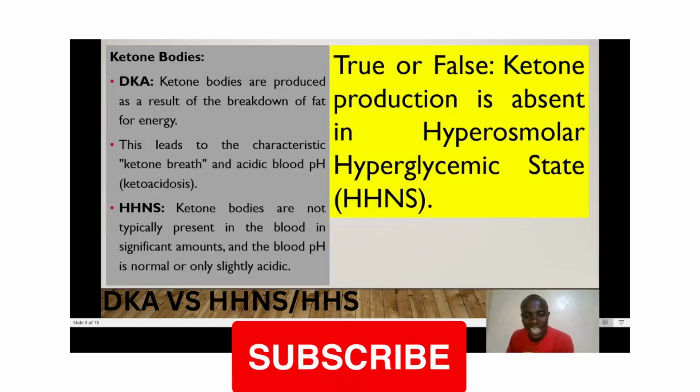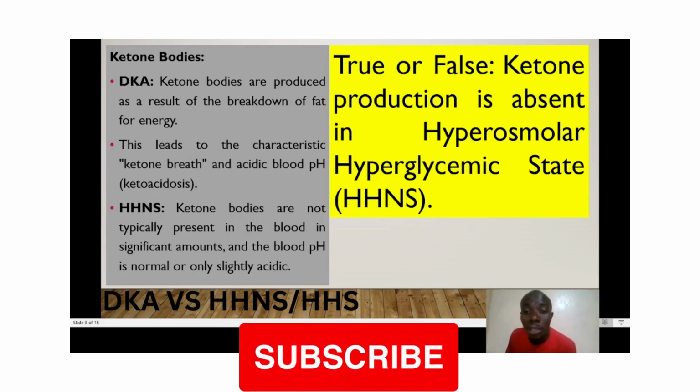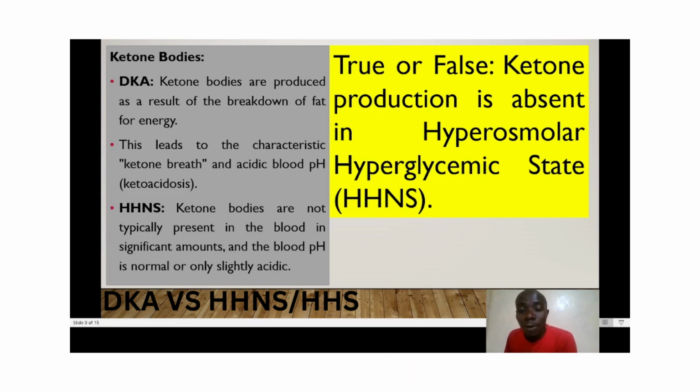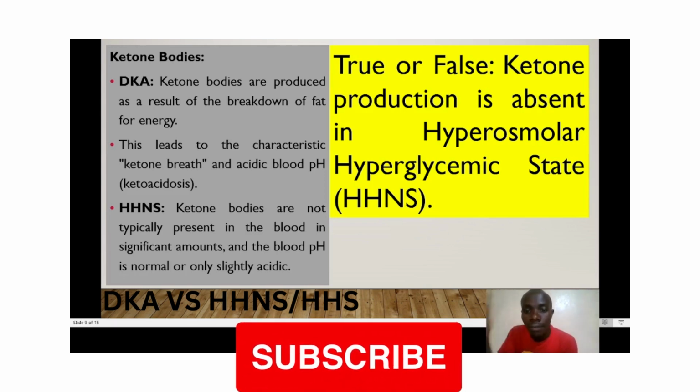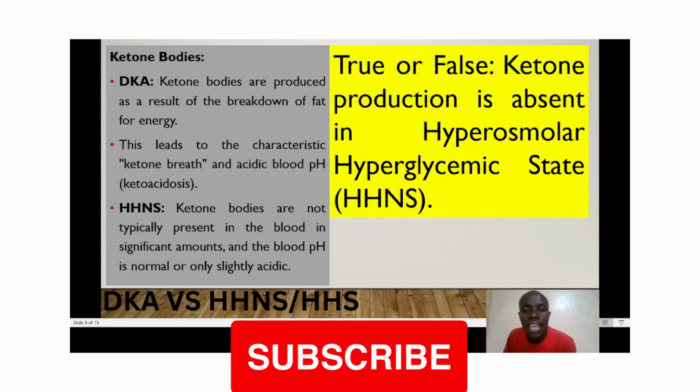Let's move to the next point, and we are looking at ketones. What are ketone bodies? Byproducts of fat metabolism, okay? And they have to be removed from the body. So that's why we breathe abnormally, for us to remove them, okay? So in DKA, ketones are produced as a result of breakdown of fat for energy.